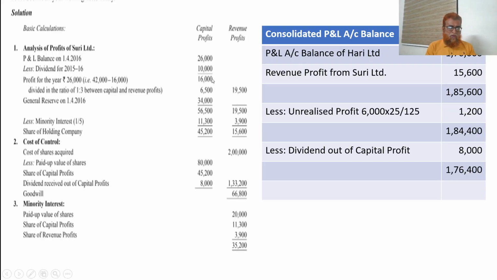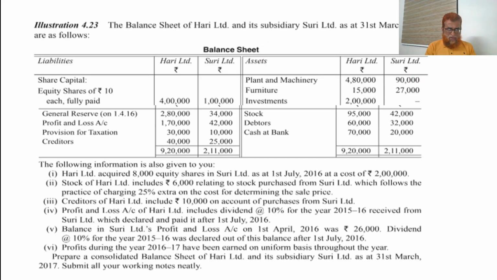Now the profit for the year you will get by the formula: profit at the end of the year minus profit at the beginning of the year. Profit at the end of the year is 42,000. See here in the balance sheet, this 42,000.